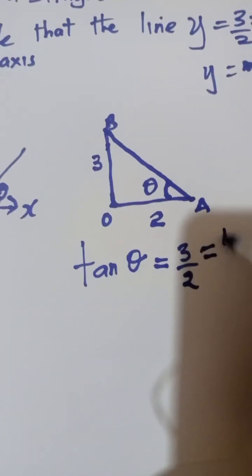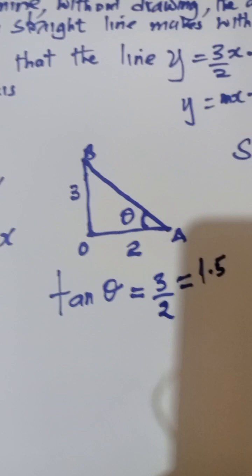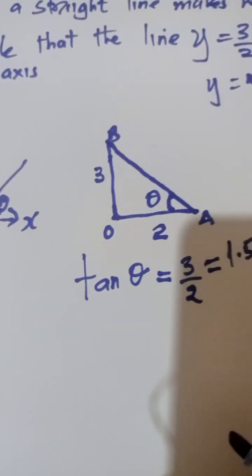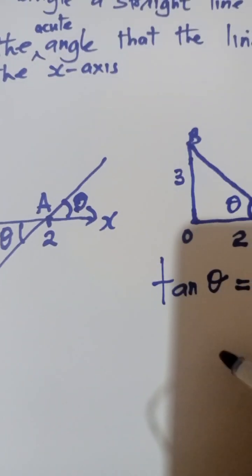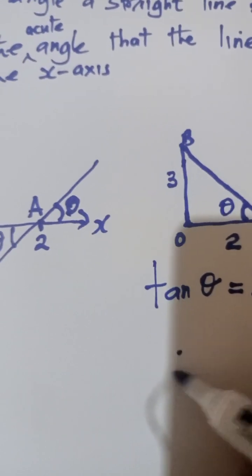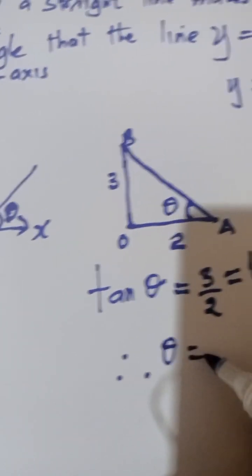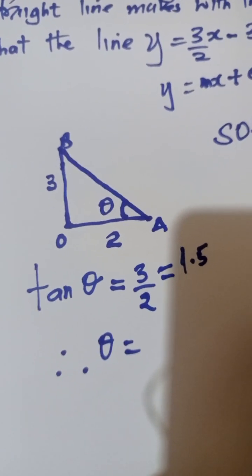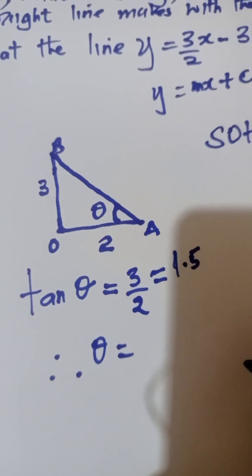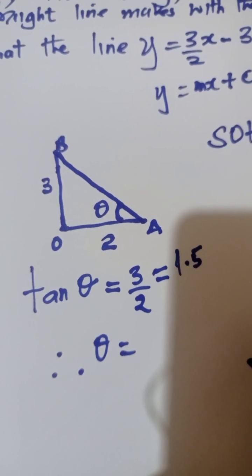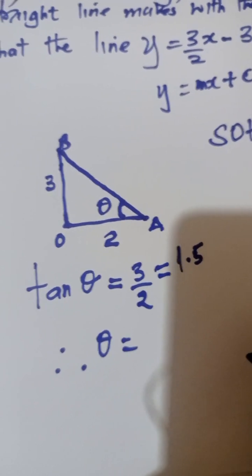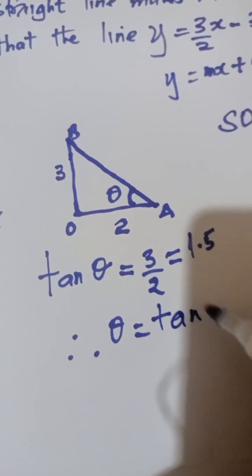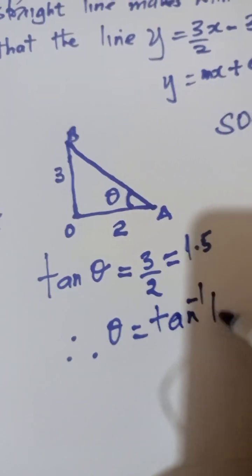And that gives us 1.5. That is the tangent. But remember, we are asked for the angle, the acute angle. So theta will be, using our calculator, the inverse of tangent of 1.5, written as tan inverse 1.5.